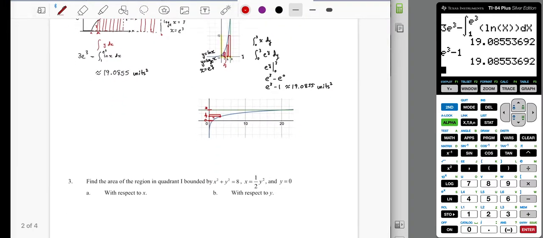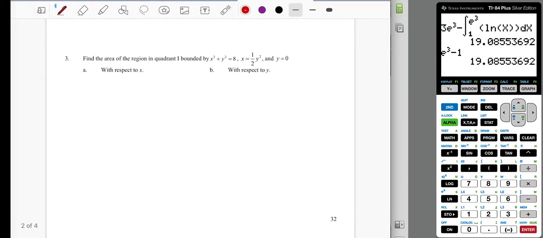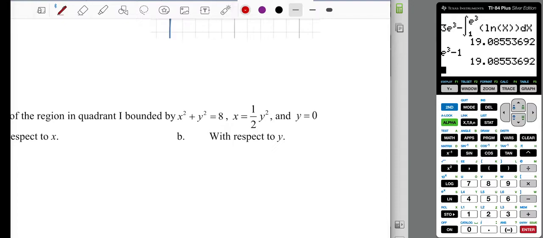Number 3. Find the area of the region in quadrant 1, bounded by x squared plus y squared equals 8, x equals 1/2 y squared, and y equals 0. It's definitely quadrant 1, so we got that going for us. This equation we can solve in a couple of ways.